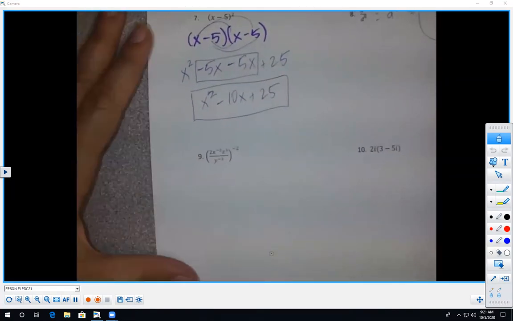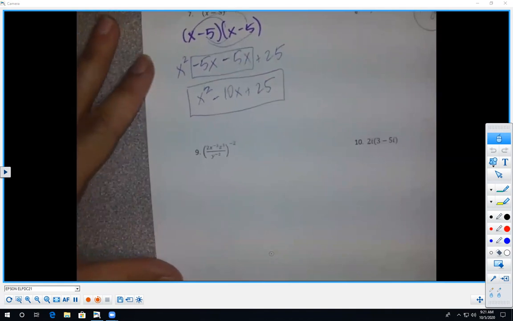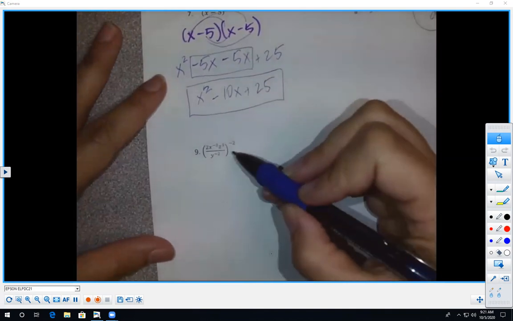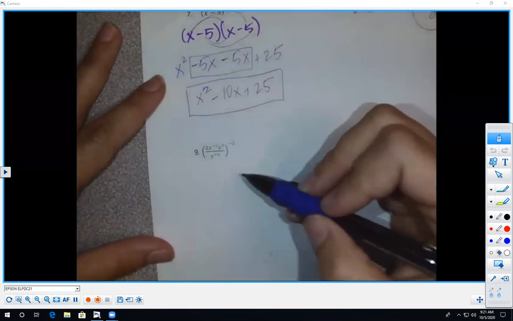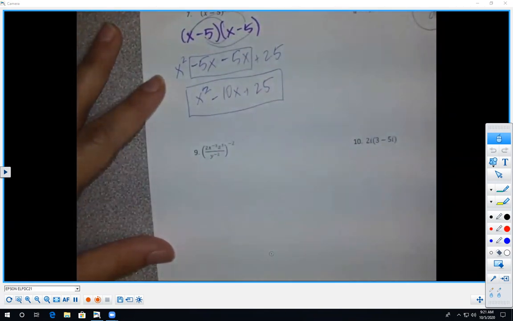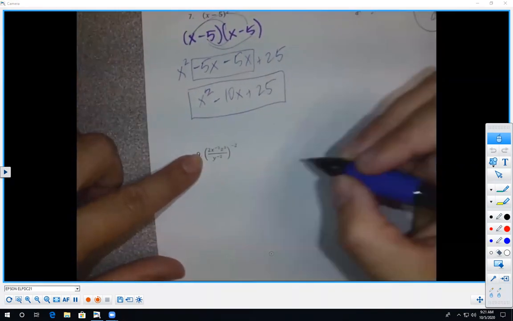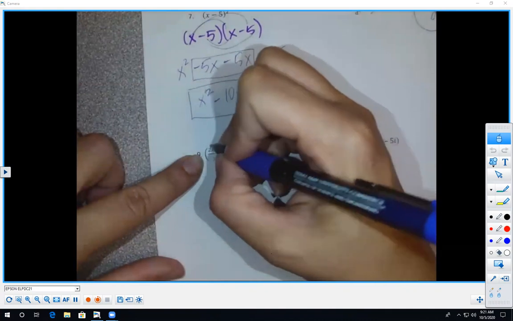Look at number 9. Number 9's a little bit longer problem. I need to distribute my -2 into everything inside that parentheses. So the 2, what's the power of 2? It has a power of 1 right now, right?